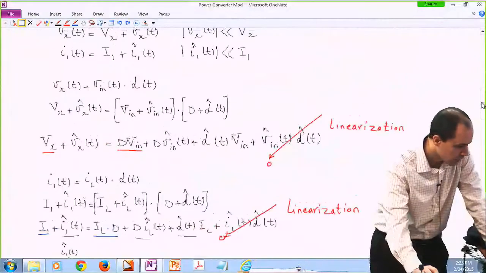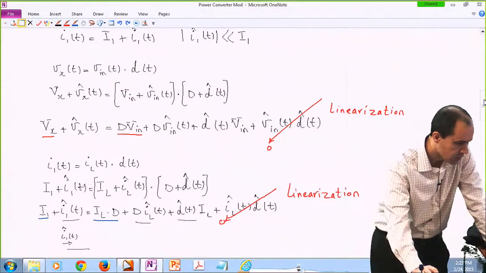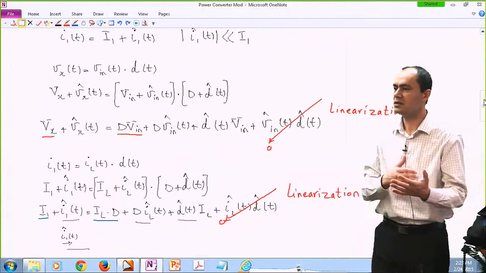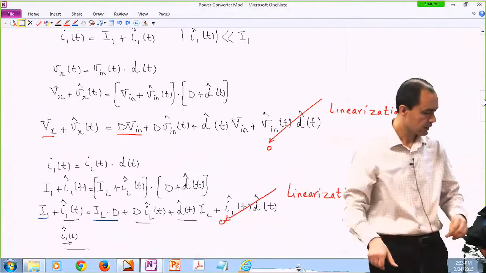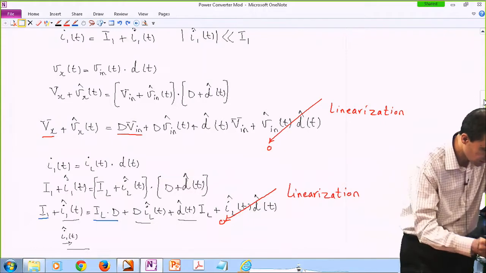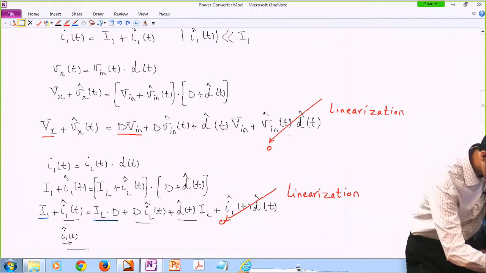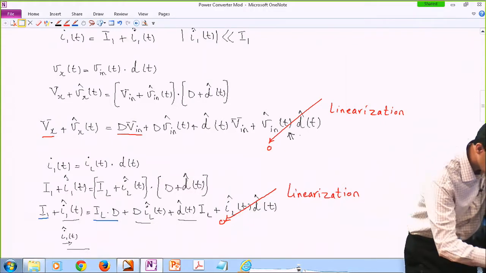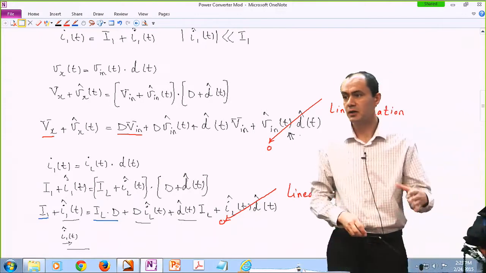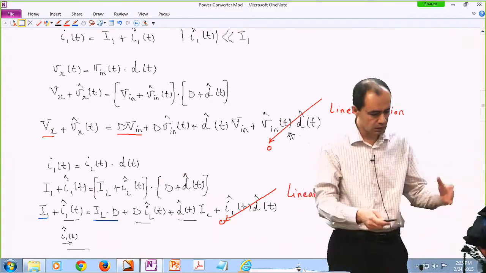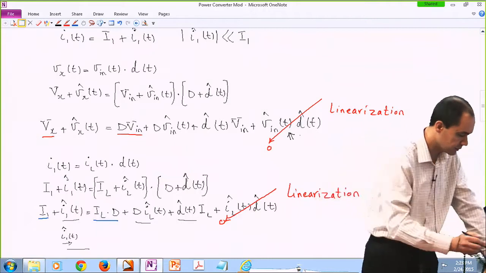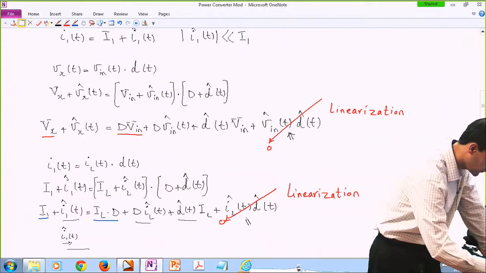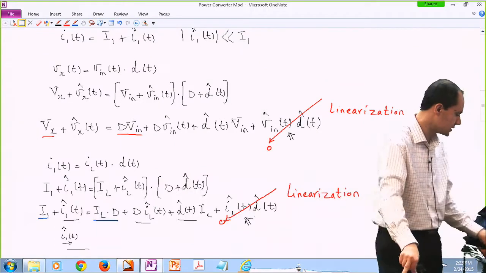So once I write these two equations and replace all of the signals with their DC value and a small signal perturbation value, I end up with two terms that I can delete. One of them is this one, because I have two small signals multiplied by each other, so they are both small. Again, multiply them by each other, they get even smaller, and I can eliminate them. And the same thing over here. In other words, I'm linearizing the system.